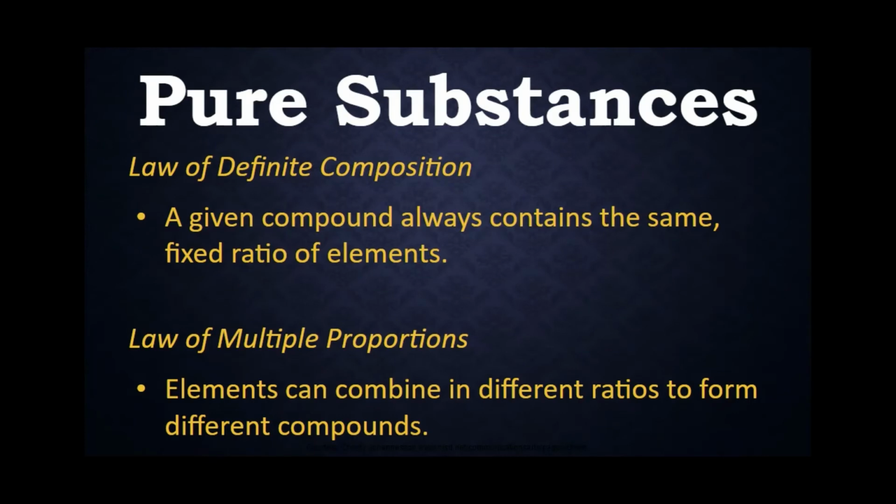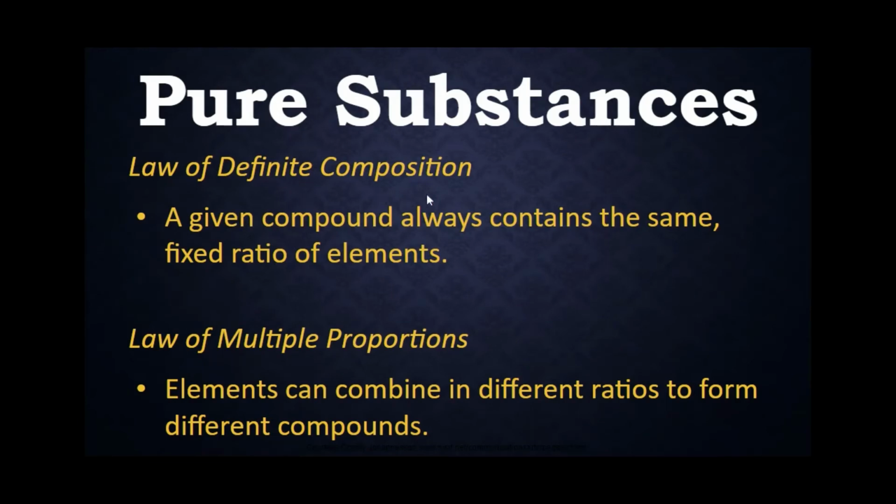Pure substances also conform to laws. In general, a law is the description of an observed phenomenon. It doesn't necessarily explain why the phenomenon exists or what causes it. So a law is a description of something that we've observed happening with pure substances.